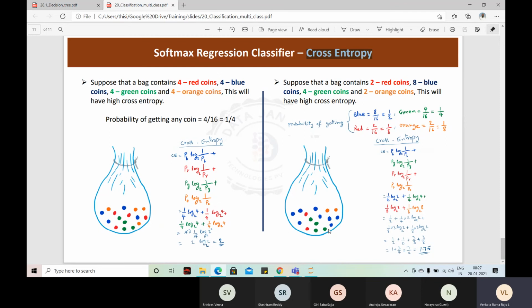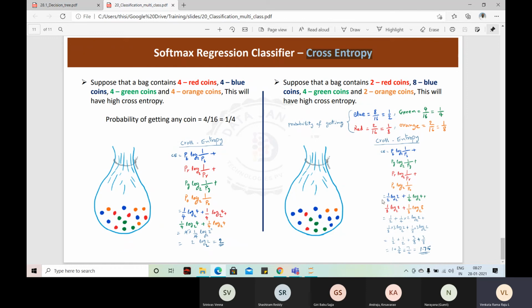When you take a random coin, most probably you get a blue coin. So when you calculate impurity using cross entropy, you are getting a big number for this where the decision making is difficult. You are getting a small number where the decision making is easy. Impurity more, impurity less.